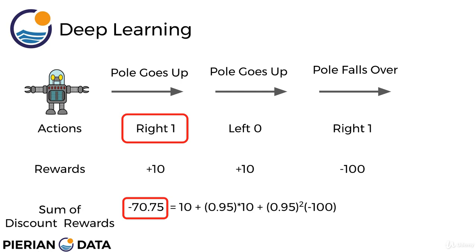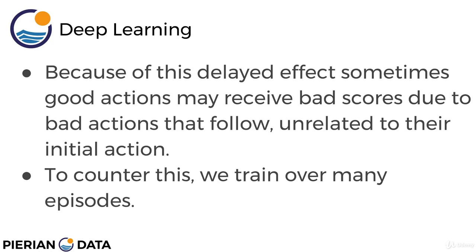So you can see here that we no longer treat this action as a positive, instead we have a negative. This was a bad action to take due to the effect it had in the future. And that's the whole idea of a policy gradient, being able to take into account the rewards that happen in the future based off your initial action. Because of this delayed effect, sometimes good actions may actually receive bad scores due to bad actions that immediately follow a good action.